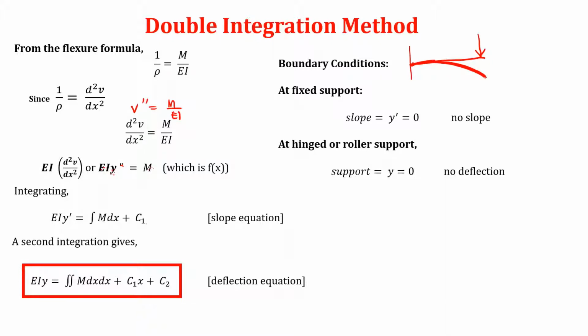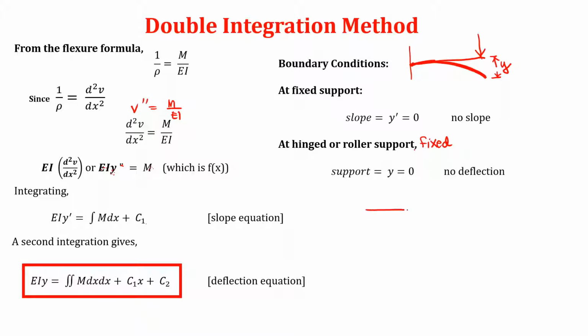Alright? And then, at a hinge or roller support, or even at a fixed support, there is also no deflection. Meaning, the beam does not move down there. But here, since this is unsupported, of course there is a deflection, the height of y.